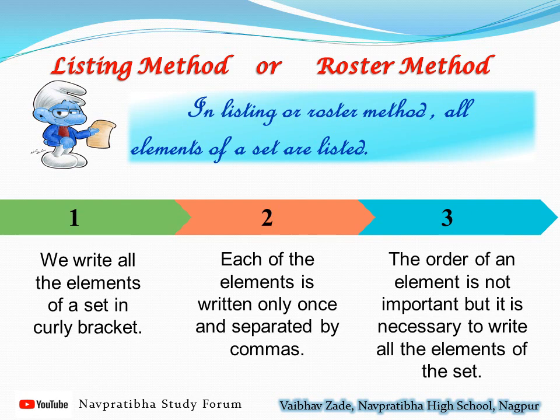It means there is no need to maintain the order of elements. You can shuffle the elements, but every element should be there in the set. So we move on to our next slide.